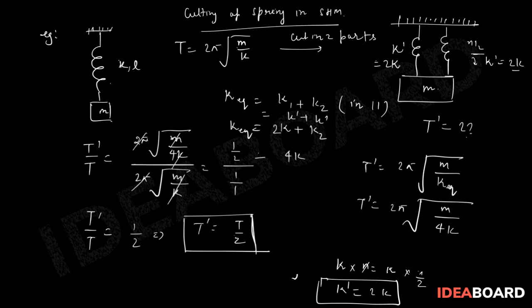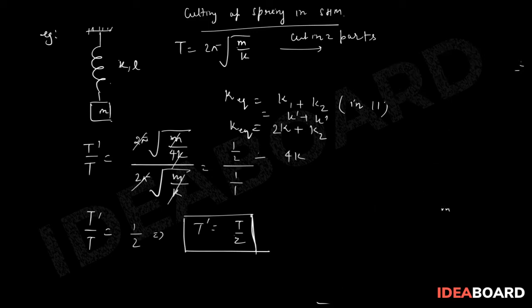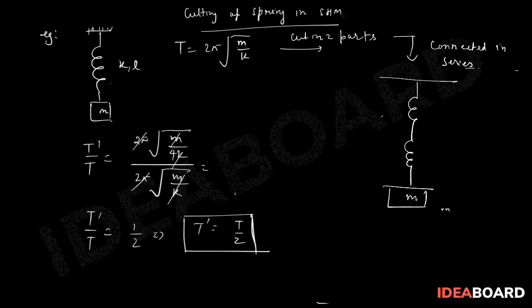And suppose the same combination was there but in series. So in series we can have the situation where this was cut in two parts, and then suppose they are connected in series. So the situation will be, there is one spring and there is another spring, there is our block of mass m. So we know that K dash is going to be 2K, and here K dash is going to be 2K.